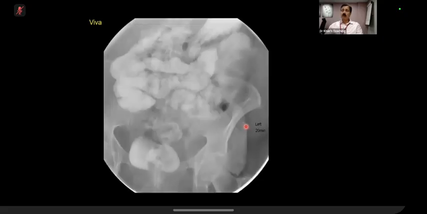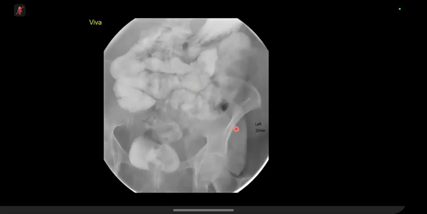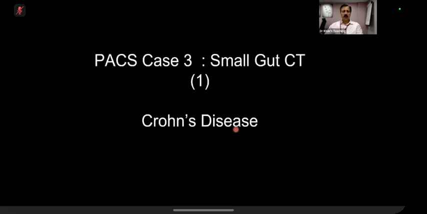Okay, spot film, candidate 10. What is abnormal on this? Barium follow through, but what is abnormal? There's contrast in the urinary bladder. Excellent. So that means there is a fistula there.